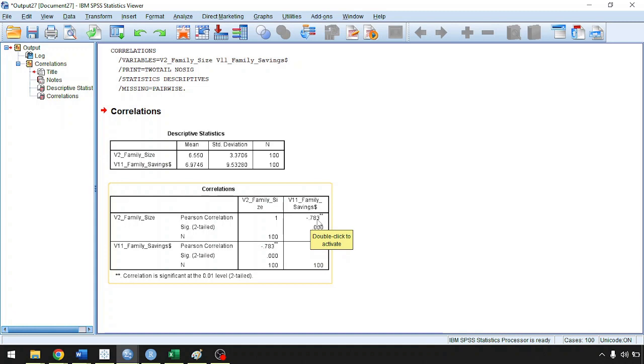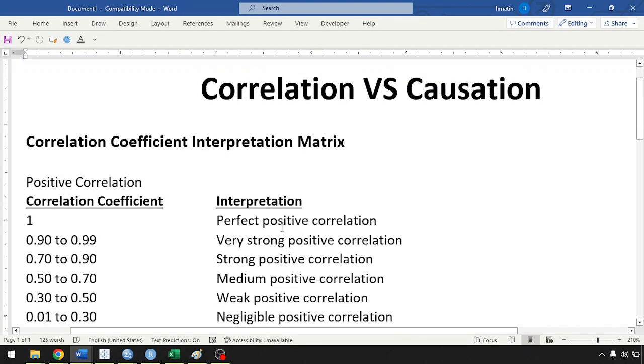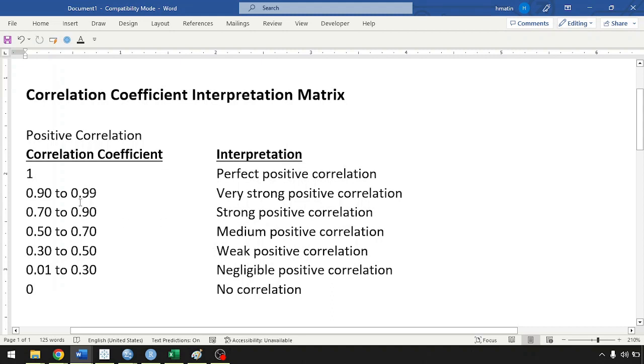In statistical terms, it's called the correlation coefficient, or in other words, the coefficient metric of our correlationship. So let me go to this file here. I wrote this metrics to interpret what the coefficients actually indicate.